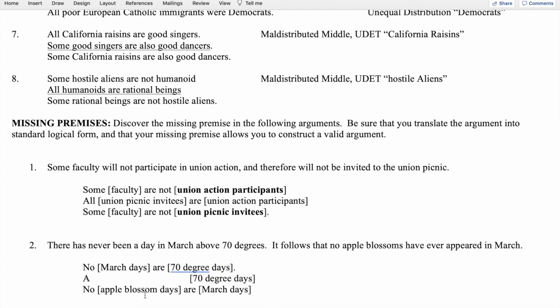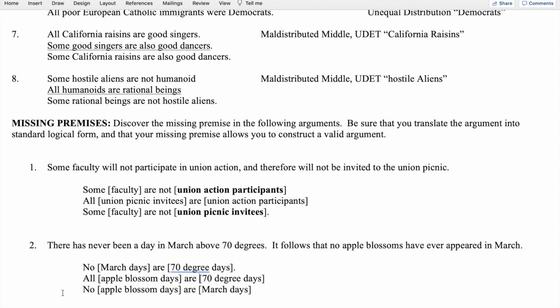Now, apple blossom days is the missing end term. We know it's there in the conclusion, and it is distributed, which means it must also be distributed in the missing premise. And that tells us once more that this is going to be another universal affirmative statement. It would be all apple blossom days are 70-degree days.